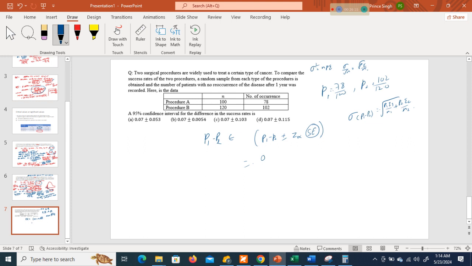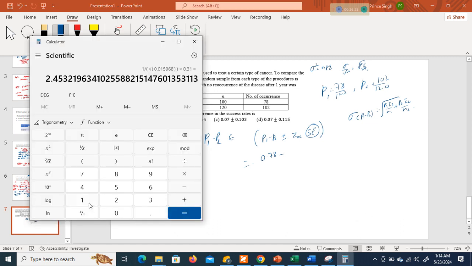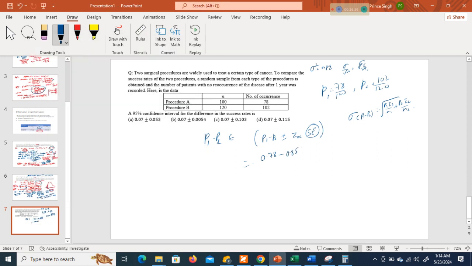So it is 0.78 minus 102 divided by 120, so 0.85. So 0.85, and Z alpha is 1.96, and standard error is square root of p1 into q1.